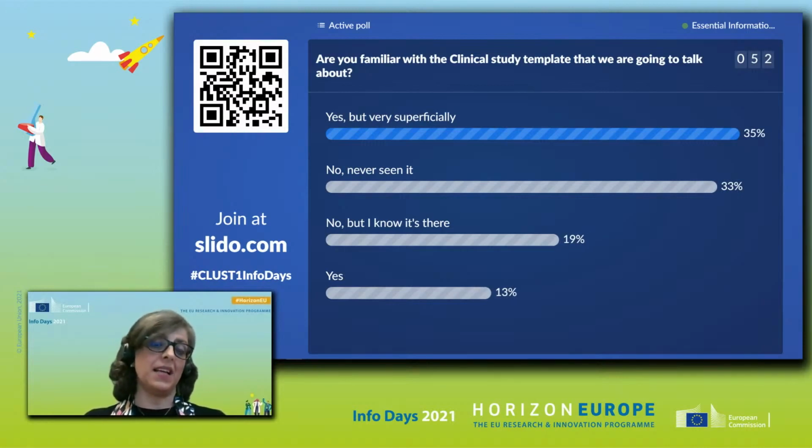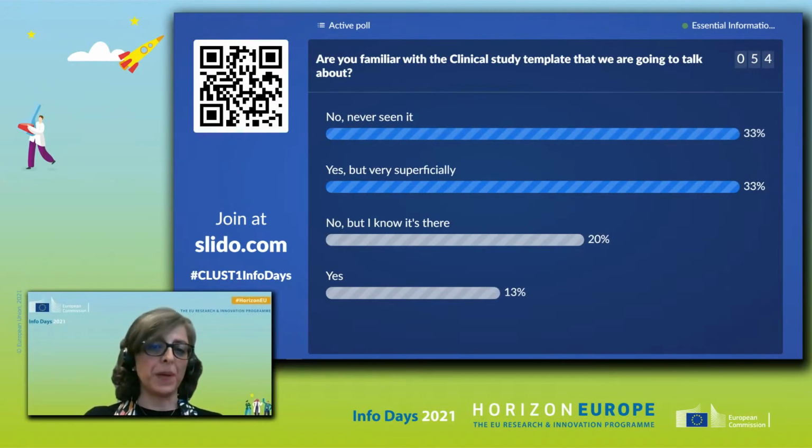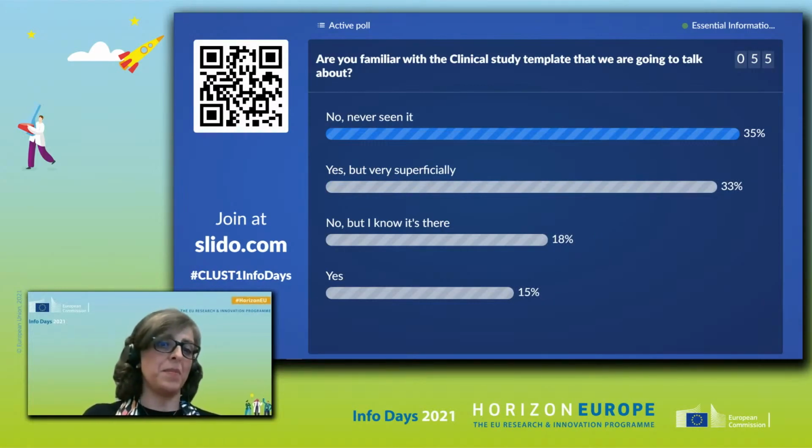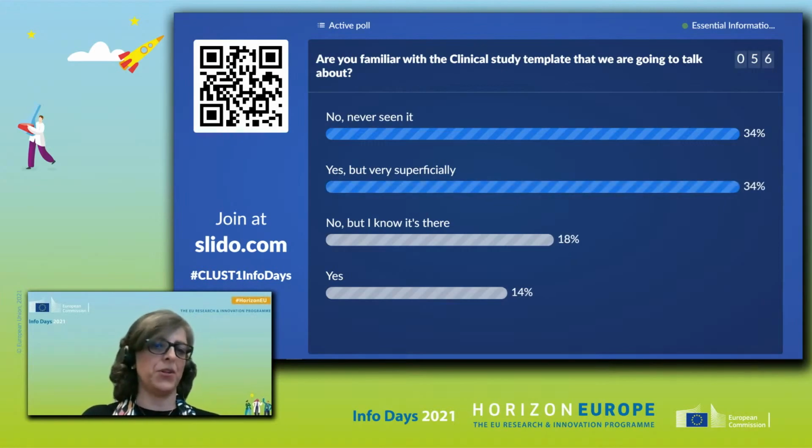And again, the raison d'être of this template is to give you an instrument to show how robust your research is, how prepared you are for clinical research applications to apply for funding for clinical research, and give you a better opportunity to emerge during very competitive calls. So please consider this as a support and not a further burden for you.